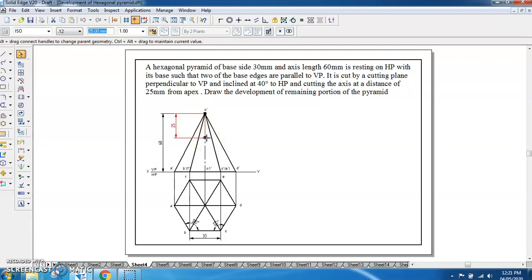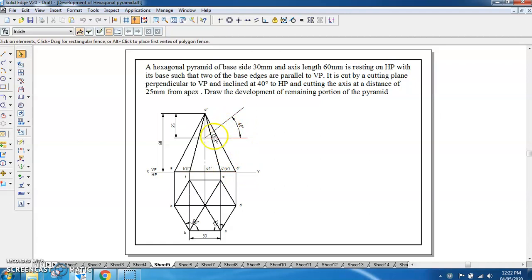Once I take this distance on the axis, I can mark the angle from this point. To mark the angle, I have drawn one horizontal line. From this point, I have taken the angle as 40 degrees. So 40 degrees with respect to this line means 40 degrees with respect to horizontal plane.